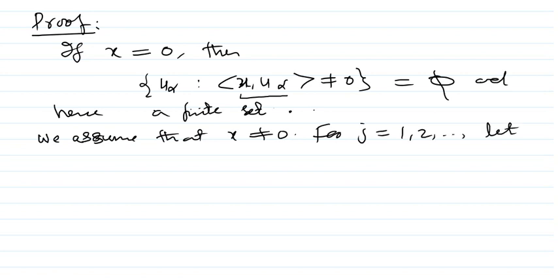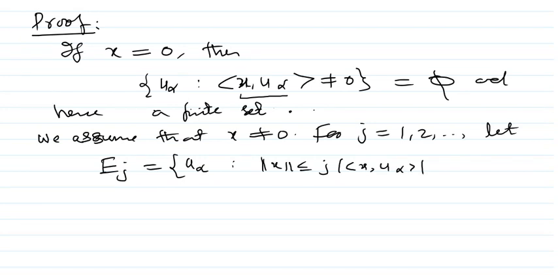Let's define the set E_j, E sub j, of those u_alphas. It's again the set of u_alphas, like how you defined E_x, but here the condition is norm of x is less or equal to j times, j a positive integer, the modulus of the inner product of x with u_alpha.